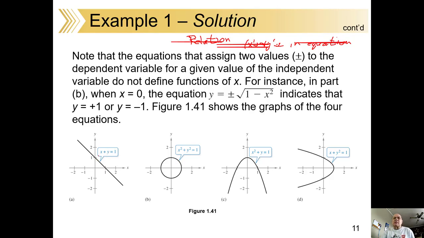This is a function. Every x you pick, notice the x's are on this axis, of course, the horizontal axis. No matter where you go on this axis, wherever you stop, and you go up to the line or curve or whatever it is, how many y's do you get?